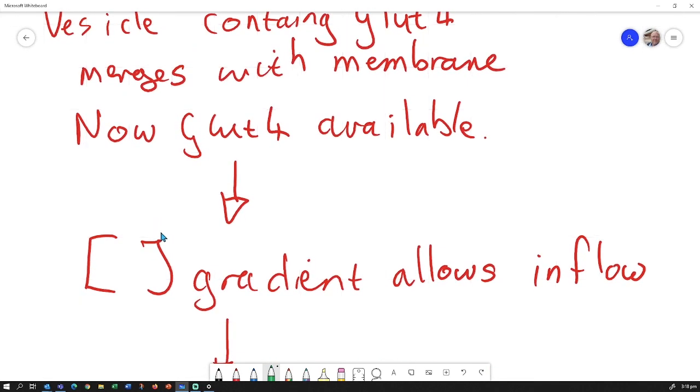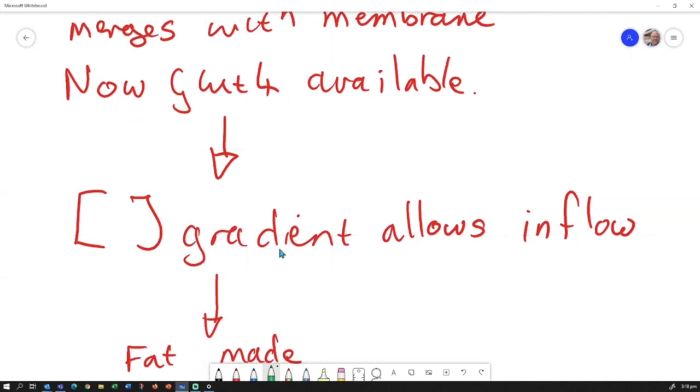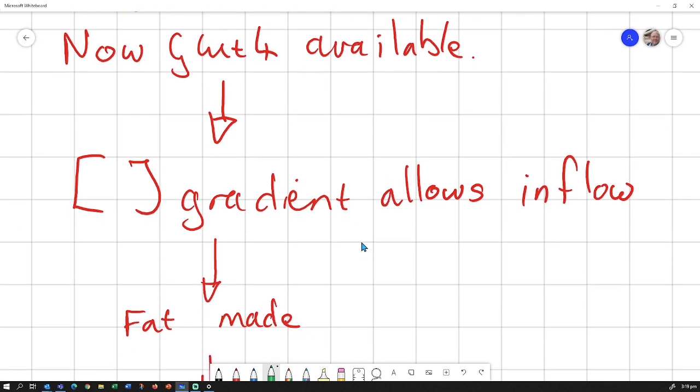However, when we think about the concentration gradient, before there was GLUT4 in the membrane of the cell, the inside of the cell will have a lower concentration of glucose than the outside of the cell. But now we have a lot of channels, a lot of GLUT4s, so where's the glucose going to go? From the high concentration in the blood into the low concentration of the cell until it reaches equilibrium.